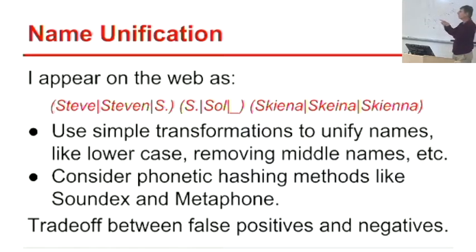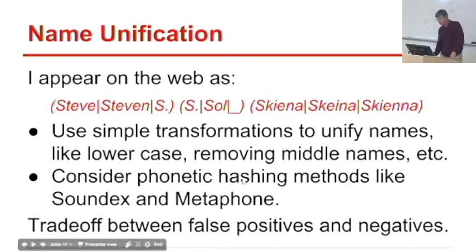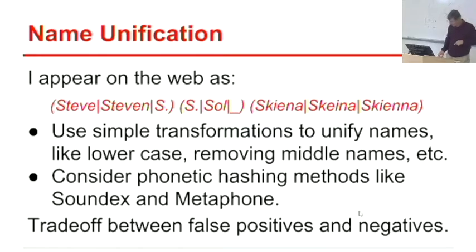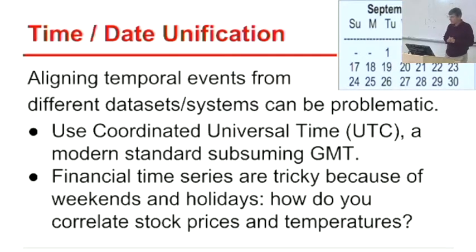Maybe the cost of falsely merging two people before I send them spam might be a lower thing, okay? So again, the issue here is what the cost is of false positives versus false negatives. Any questions? Okay, fair enough.